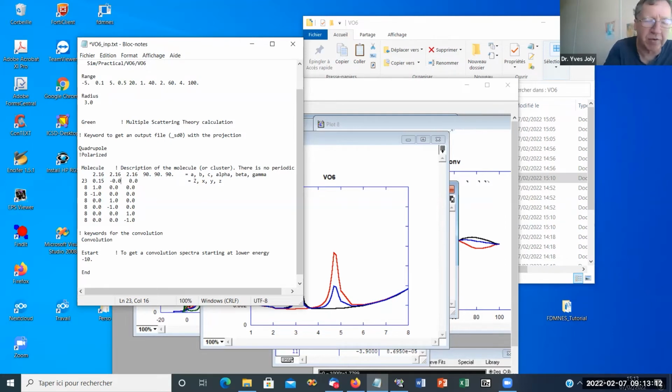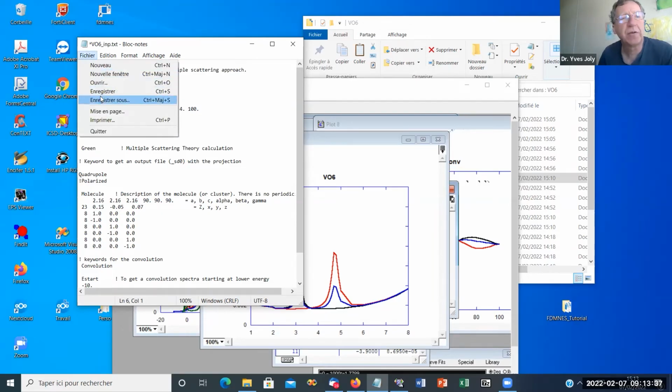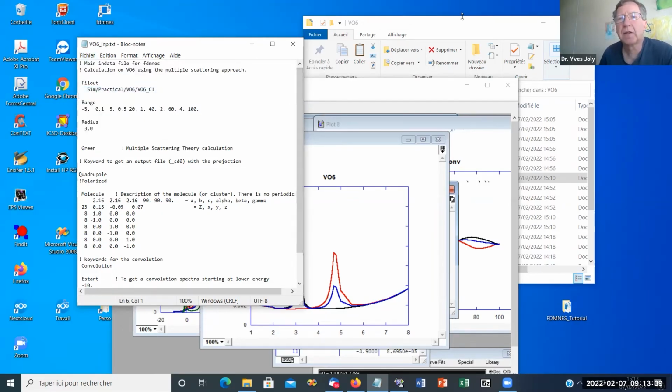I don't know, for example, this. No, it's too much. Okay. So now I will have no symmetry, so I write C1, no symmetry. We run.